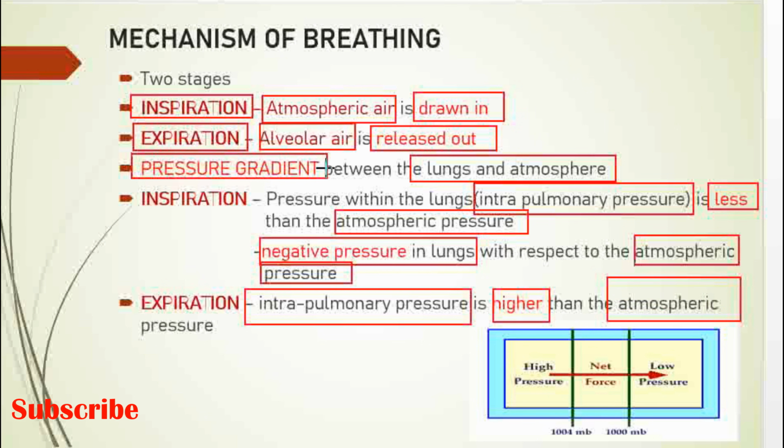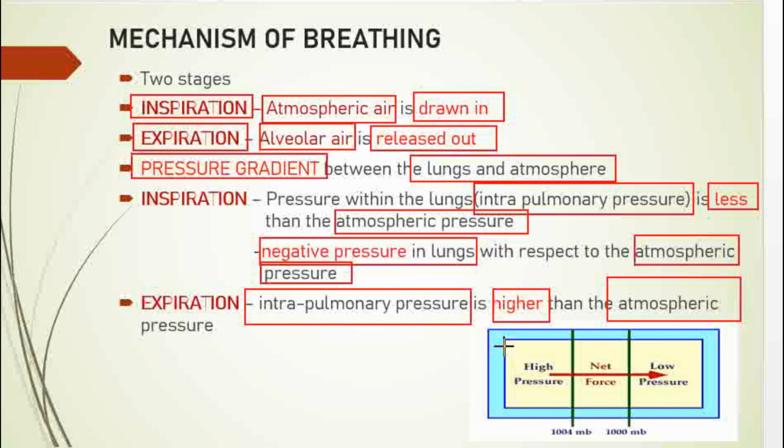Normally, a pressure gradient is a change in pressure. What is a pressure gradient? It is a change in pressure measured across a given distance. You might have studied this in physics, how we measure a pressure gradient.